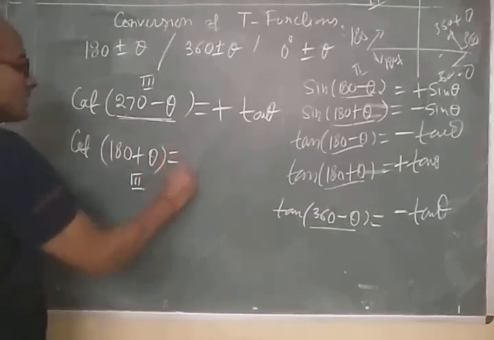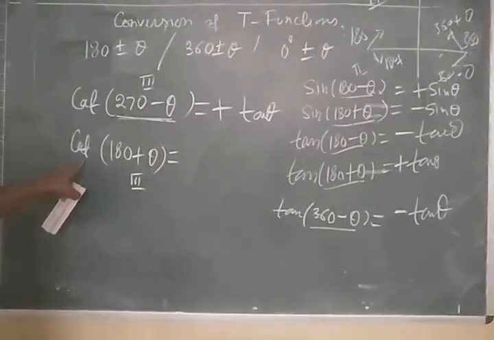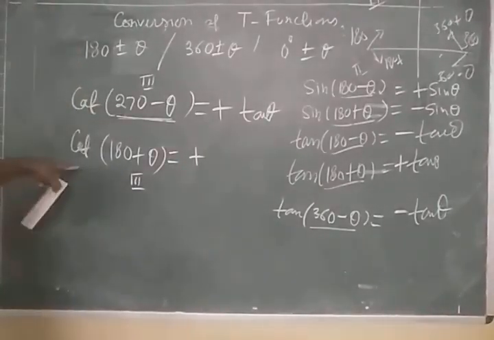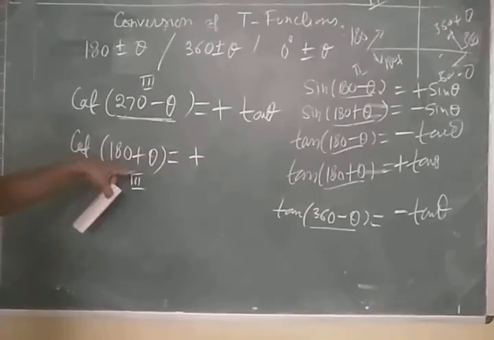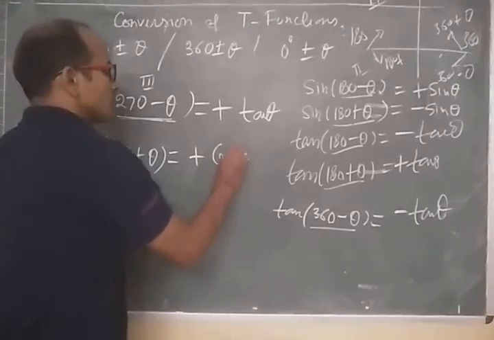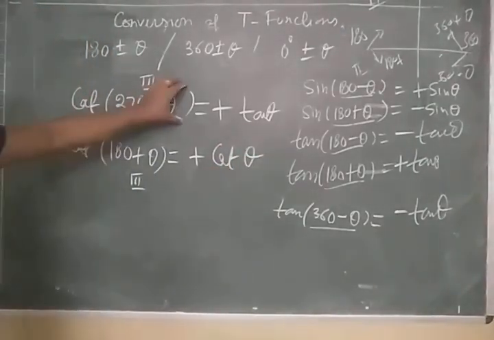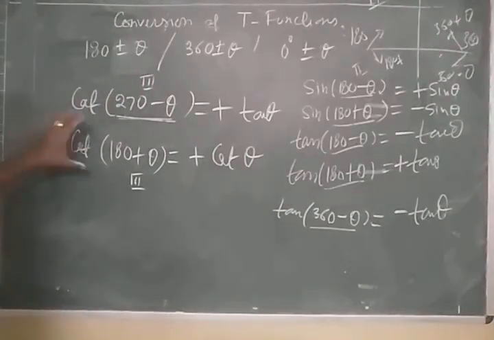Now 180 plus is also in the third quadrant. In the third quadrant, cot and tan both are positive, so the answer will again be positive. But because of this horizontal line, 180 plus or 180 minus, cot will not become tan. It will remain only cot. So this is the difference between cot(270 minus theta) and cot(180 plus theta).